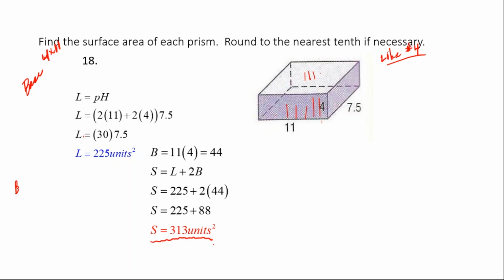So again, if I use my base as being top and bottom, I'll just do that one real quick. It's 4 by 7.5, 11 by 7.5. My lateral is 2 times 11 plus 2 times 7.5. All that times 4.